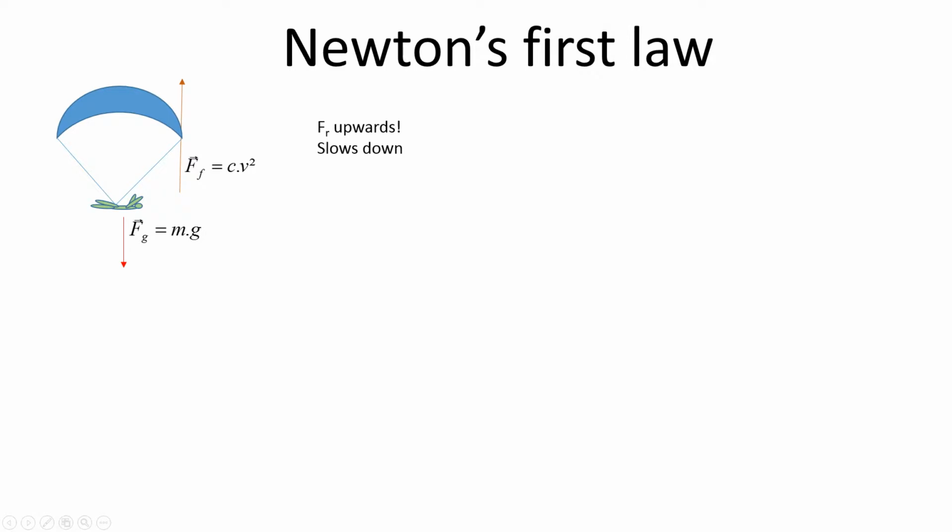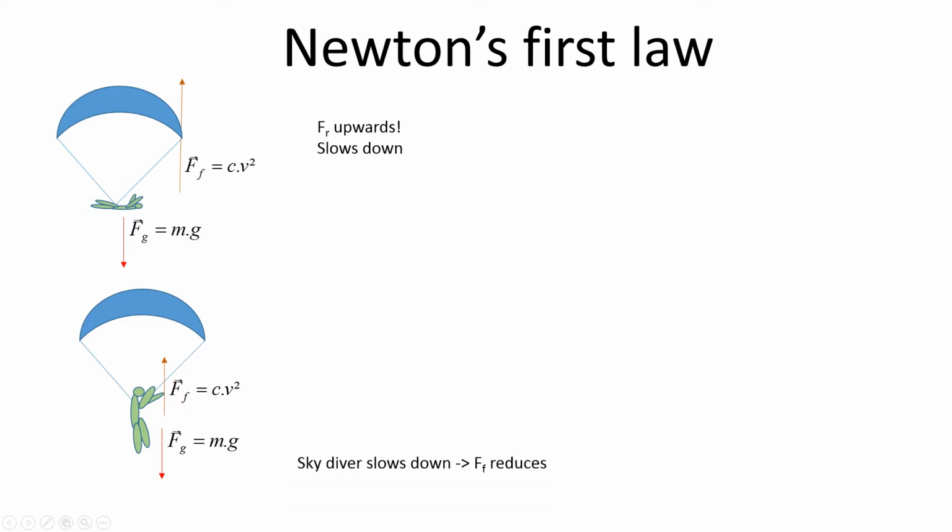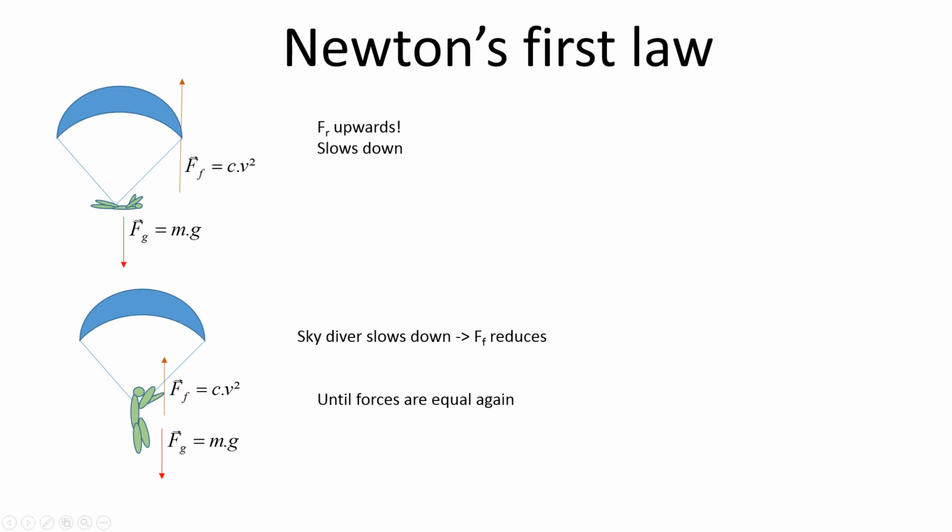There's an acceleration upwards, so his speed downwards will go down. When his speed goes down, his frictional force will go down too, even quadratically. So, rather quickly, his frictional force will be the same again as the gravitational force. So the skydiver slows down, the frictional force reduces until the forces are equal again. And we have again constant velocity. So he has a safe speed to touch down.